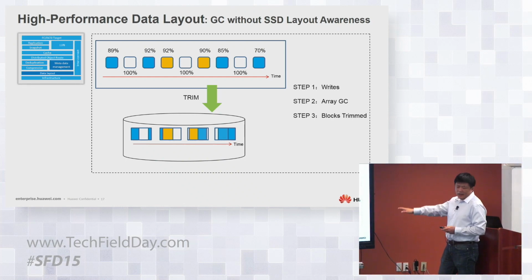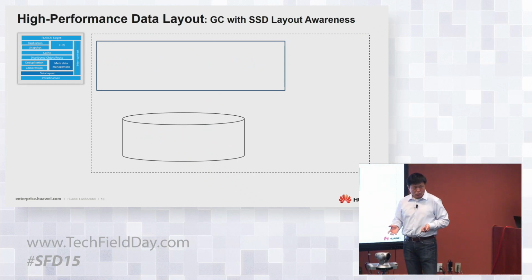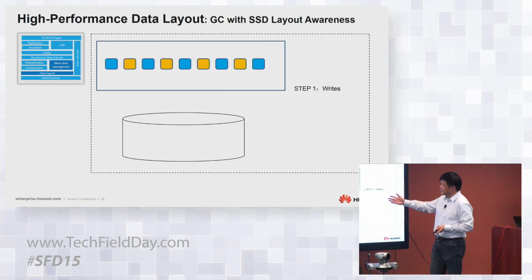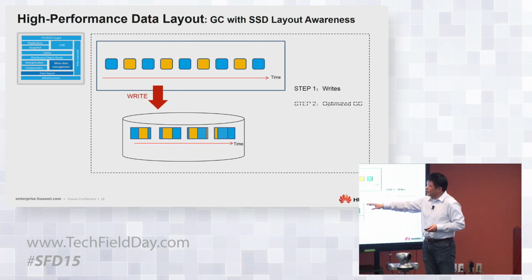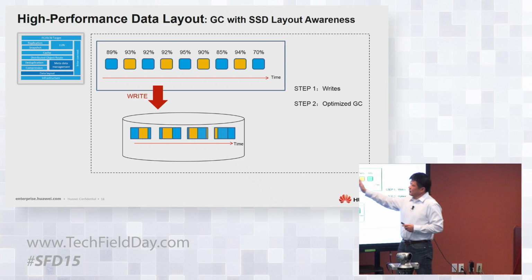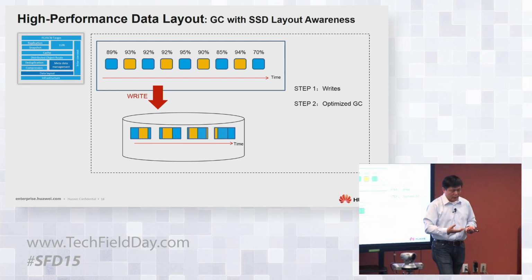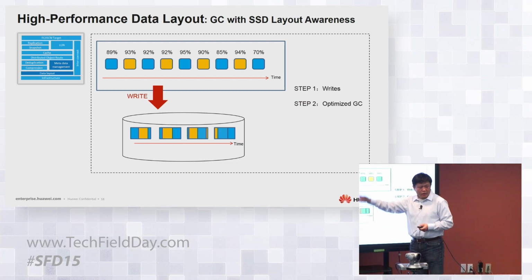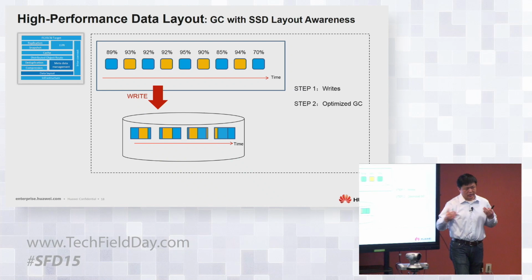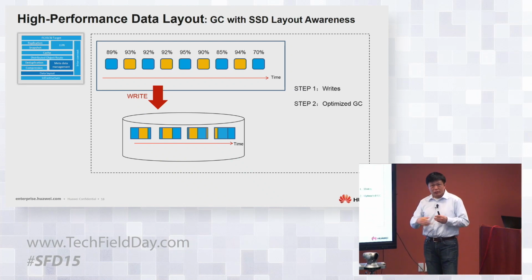So if we have a GC which is aware of the SSD layout, what could happen is something like this. Data is written here. Now, when we pick the blocks we are trying to garbage collect at array level, not only are we looking at the garbage percentage, we're also looking at the blocks that are adjacent to each other in time.